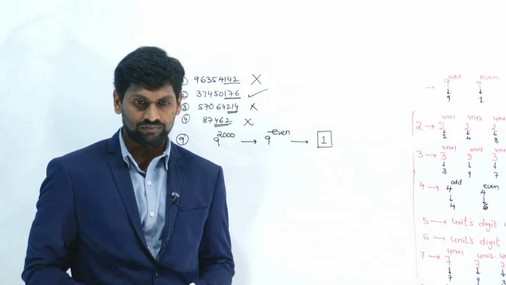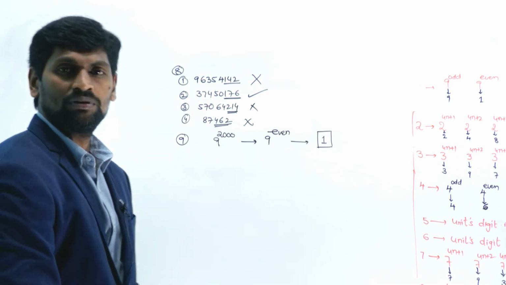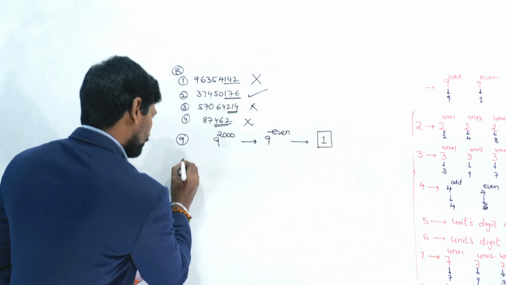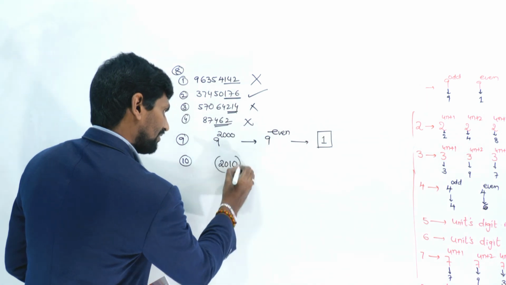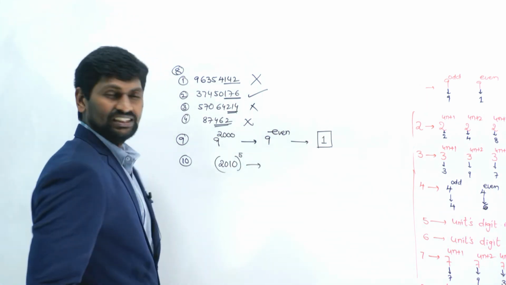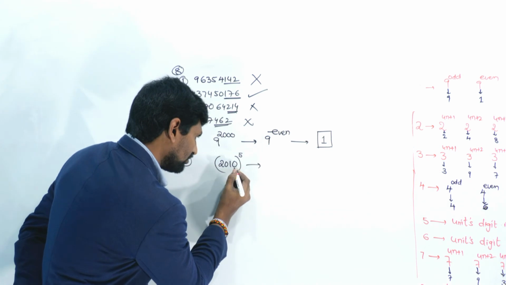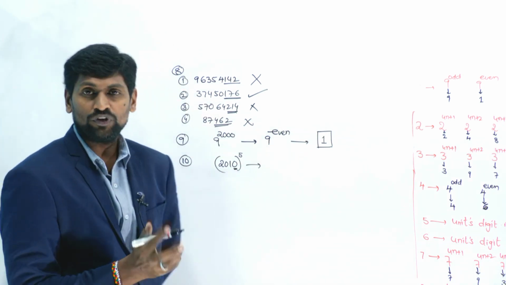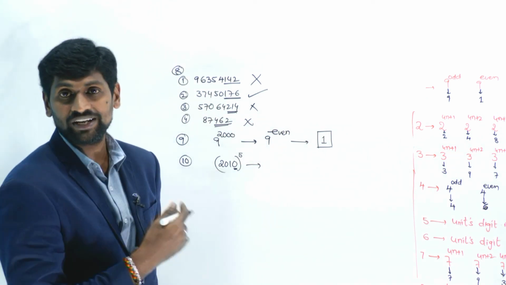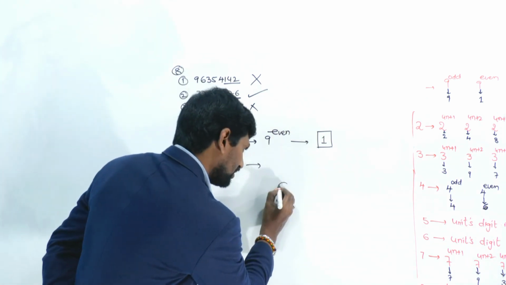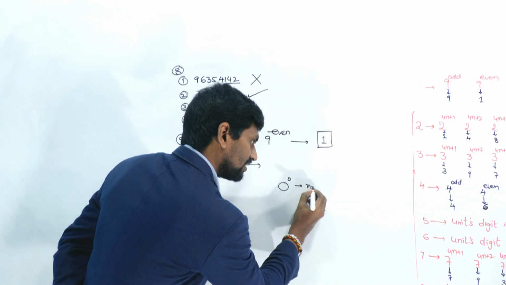Same way, the last problem from this practice sheet, 10th problem, that is 2010 power 5. What is the last digit here? 0. I discussed this about 0 five minutes ago. 0 power anything is 0, except 0 power 0 is not defined.